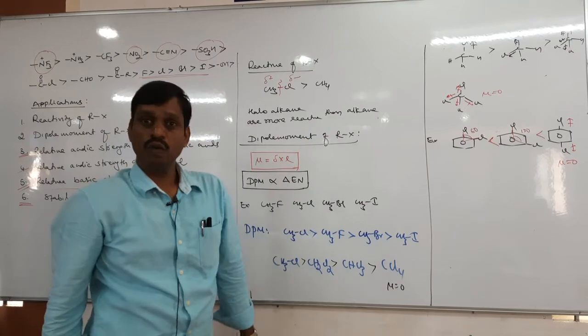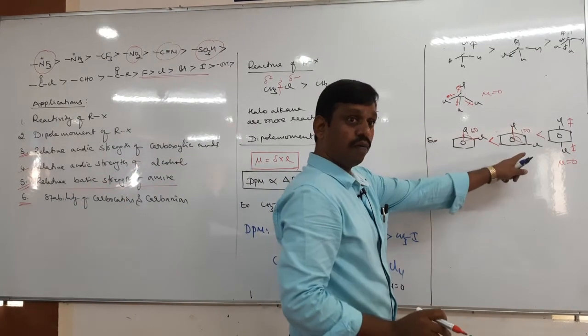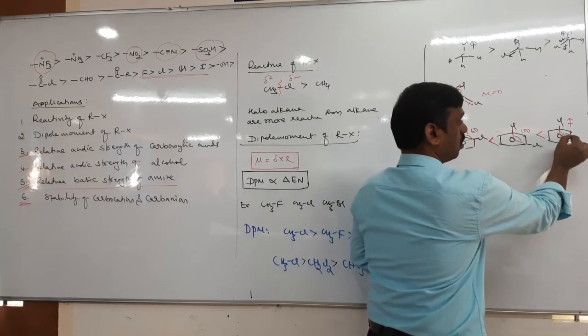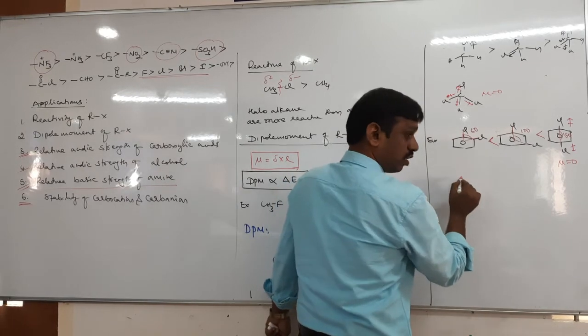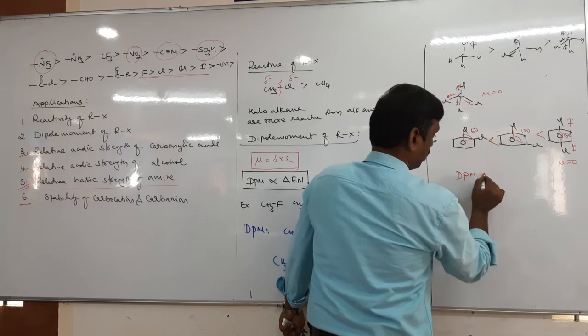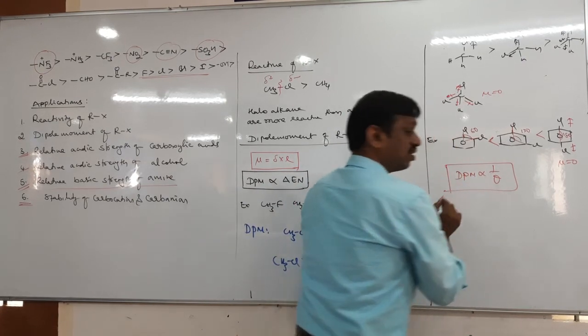Then tell me, what is the relation between dipole moment and bond angle? It is called bond angle. Here it is 180. As the bond angle increases, the dipole moment decreases, which means inversely proportional. So therefore, dipole moment is inversely proportional to theta. But the condition is what?